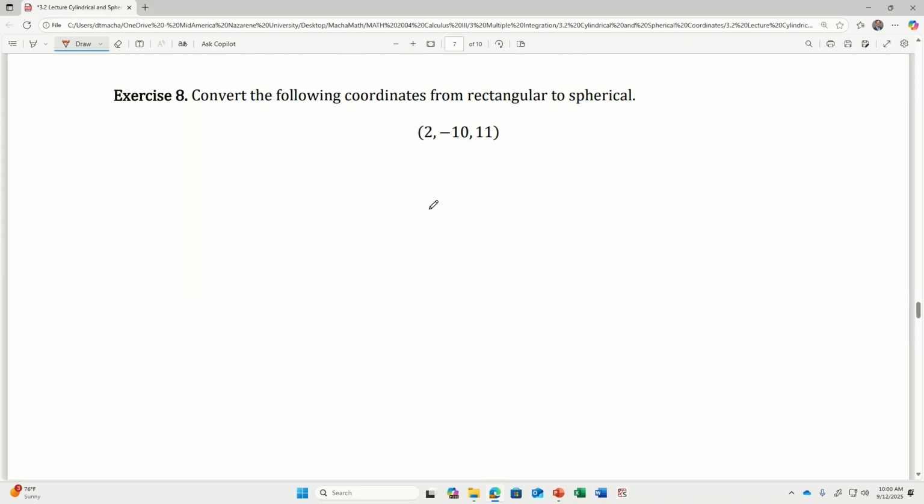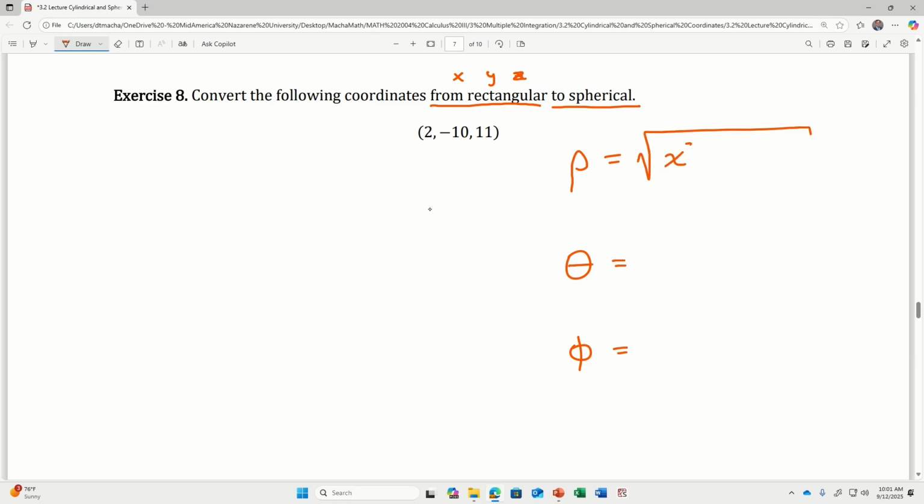Now, convert the following coordinates from rectangular to spherical. From rectangular means we are given x, y, z. And if I want to convert to spherical, that means I should be able to calculate rho, theta, and phi. Rho is given by the Pythagorean theorem.